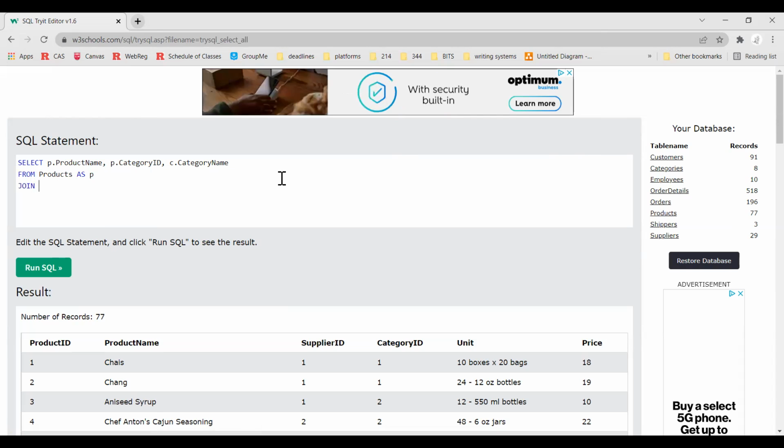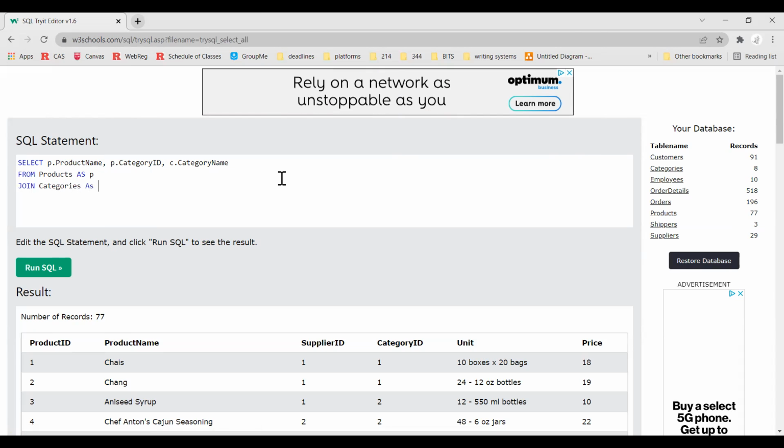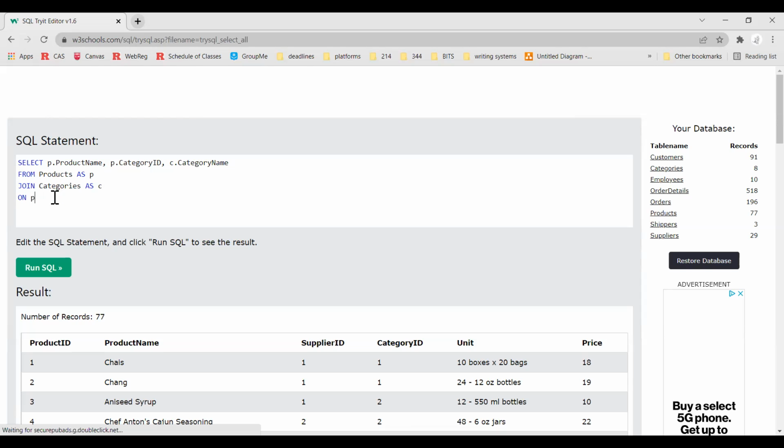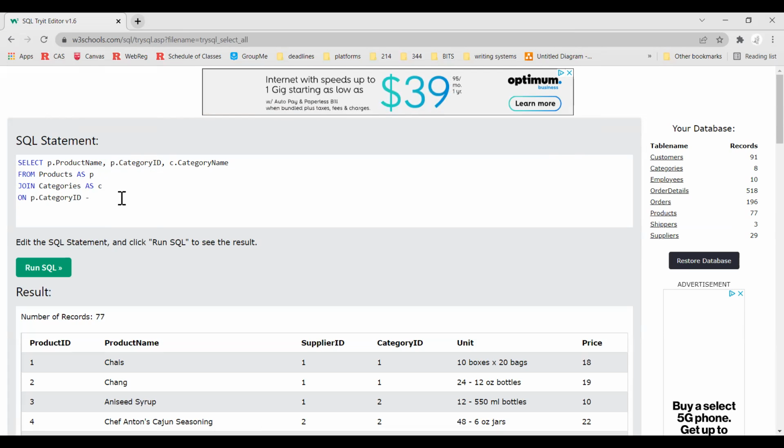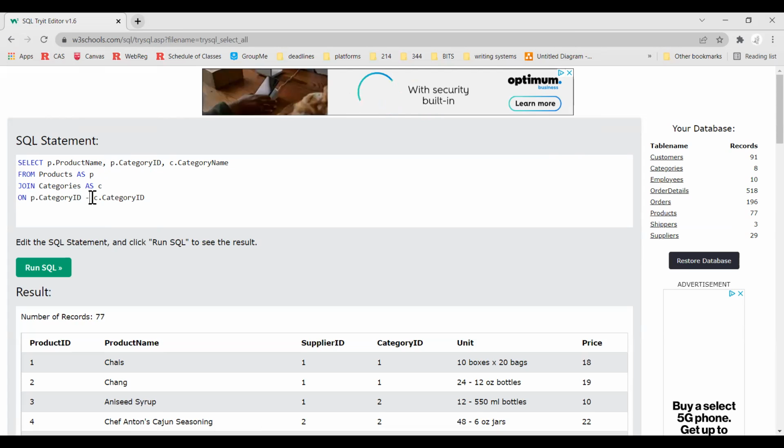If you recall before, you don't need to write the inner. Categories as c, ON p.category ID equals c.category ID. And I put a minus sign instead of an equals.